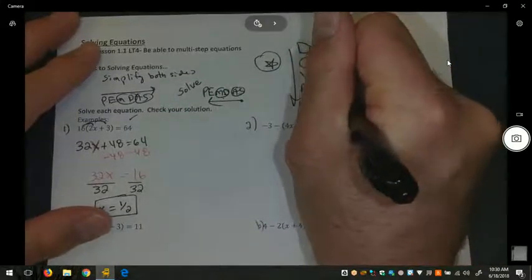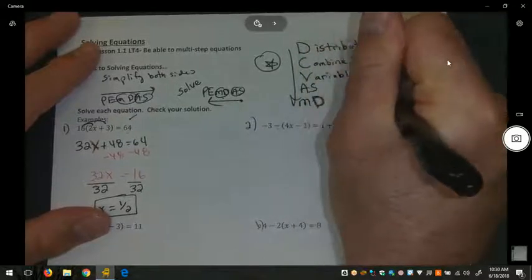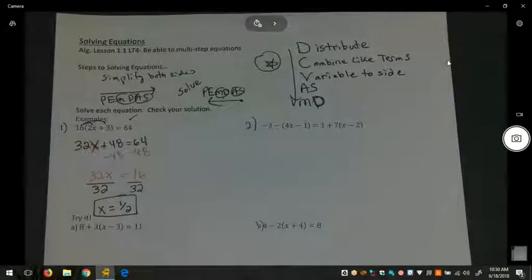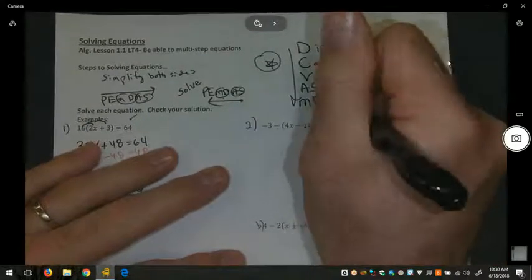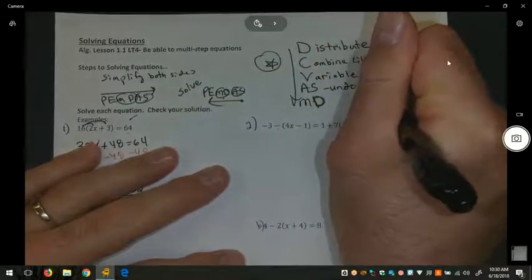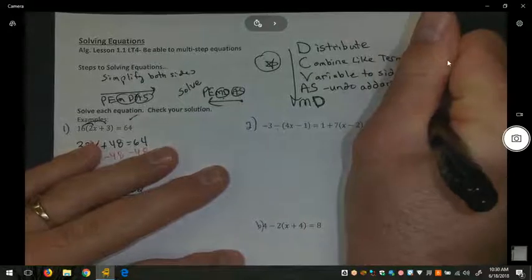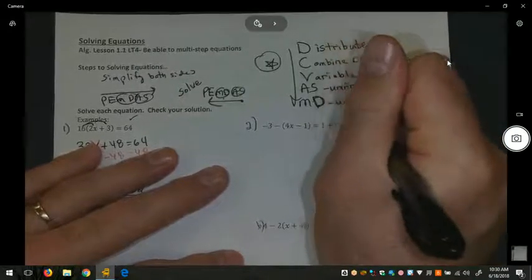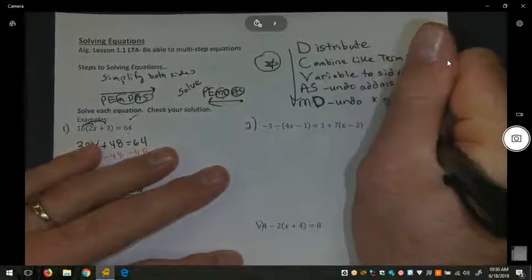V is get your variable to one side. So we use addition or subtraction to move the variable to one side or the other. A and S is to undo any addition or subtraction. MD is to undo any multiplication or division.